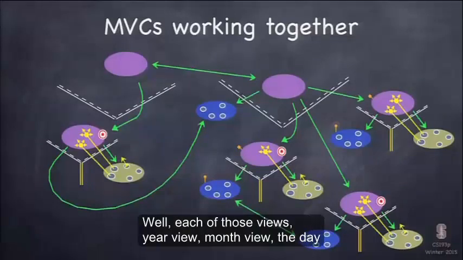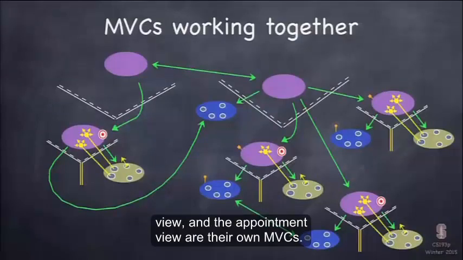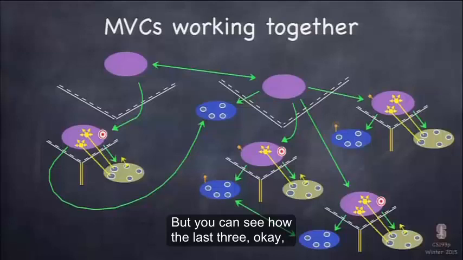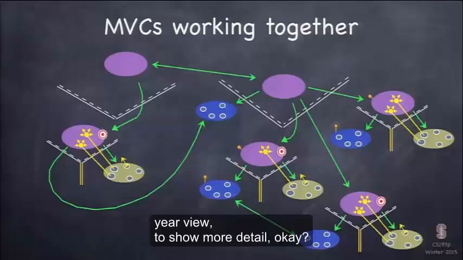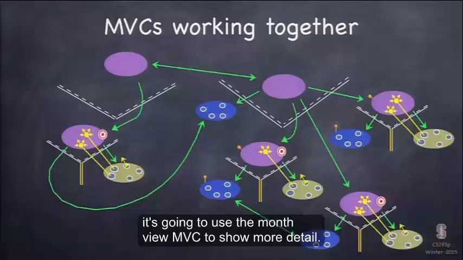Well, each of those views, the year view, the month view, the day view, and the appointment view are their own MVCs. But you can see how the last 3 are used as essentially a minion of the top level view, the year view, to show more detail. So the year view, you click on a month, it's going to use the month view MVC to show more detail.